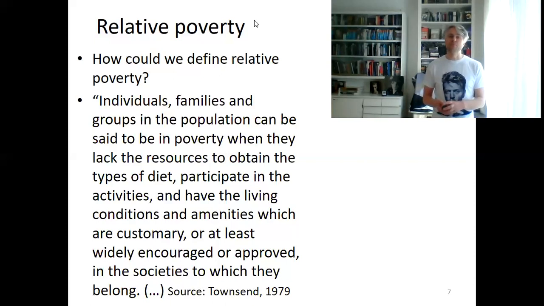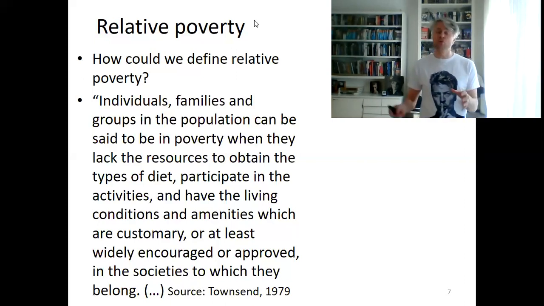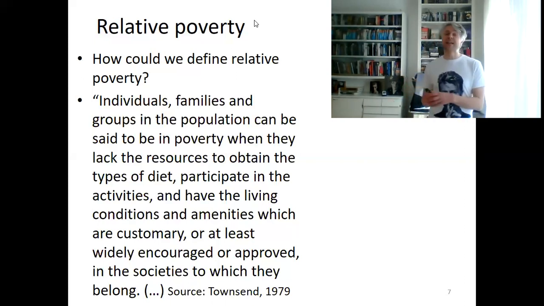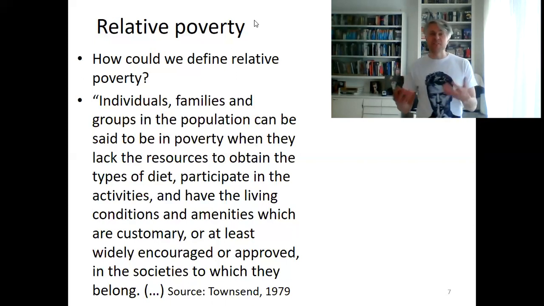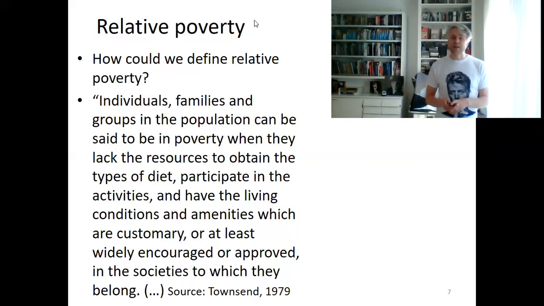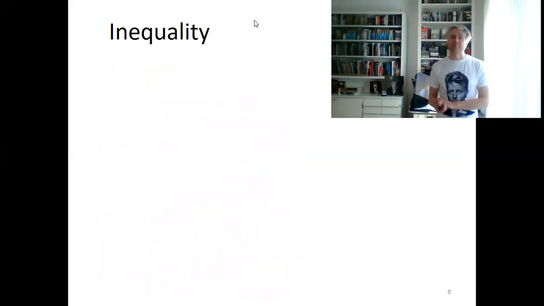So it's all about having the food for diet, participating in the activities, social activities, and having the living conditions and the amenities which are typical in a society. Good. We're going to be using this extensively in my last two talks, where I'm going to be zooming in on the case of the UK. I find this relative poverty concept defined by Townsend here really, really interesting. So we will come back to that.